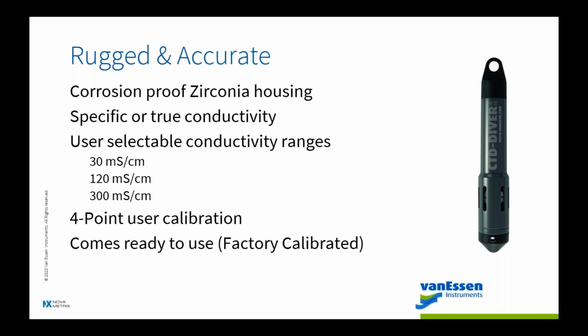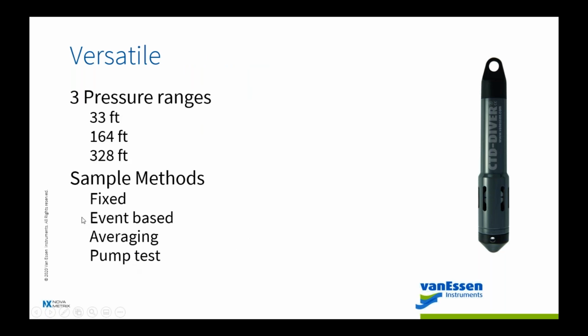Also user selectable is the conductivity range, picking 0 to 30, 120, or 300 millisiemens per centimeter. We'll get a little bit more into this in the next few slides, but there is a 4-point user calibration, and I'll show you the wizard as well as the standards you use for that. But when you purchase these units, there's nothing that needs to be done to them. They're fully calibrated and really ready to go out of the box.